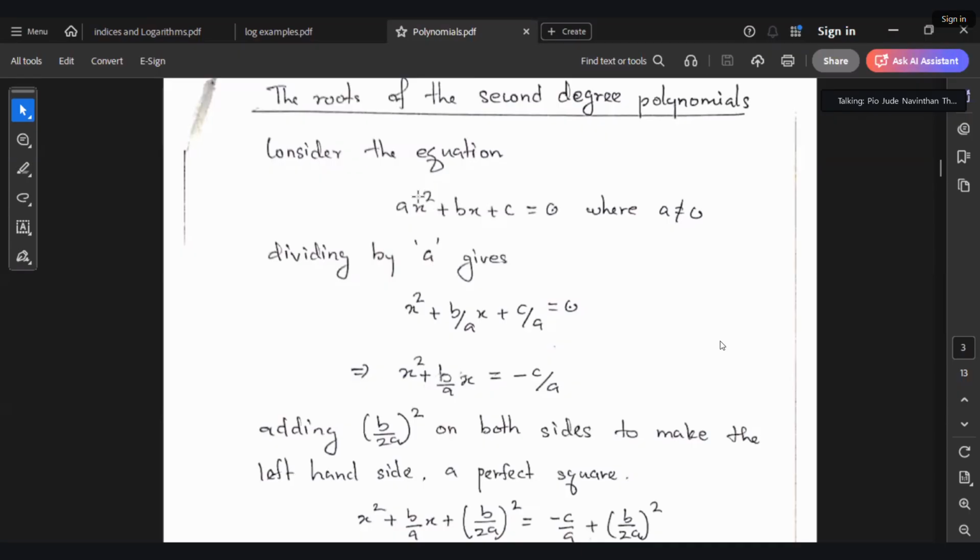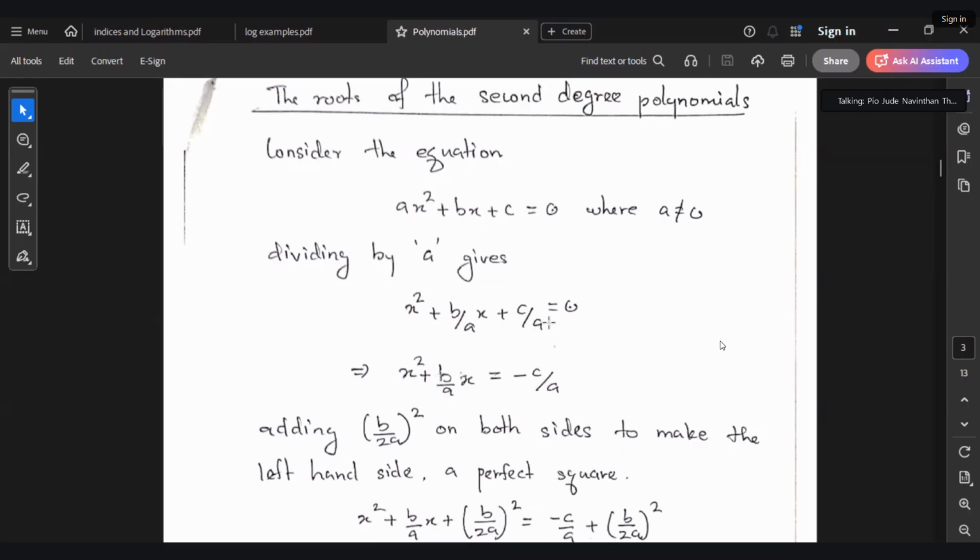Some values will be there. It may be a negative value or a fraction, right? Whatever it is, but not equal to 0. Okay, so how can we find the value? We need to divide the whole equation by a. That means we need to keep x square only, turn it into x square, right? That's the purpose. So we divide all the terms. Therefore, b over a x, c over a, right?